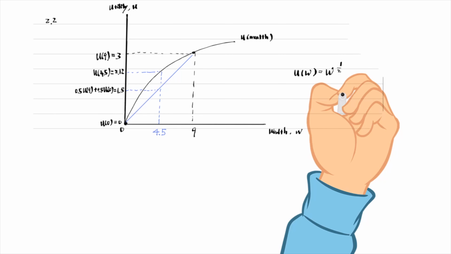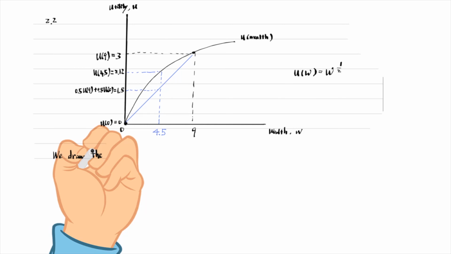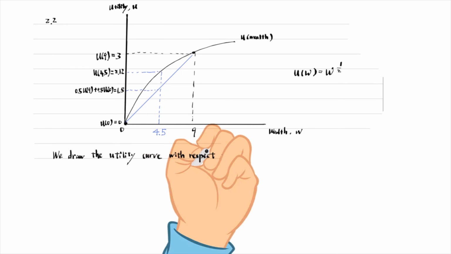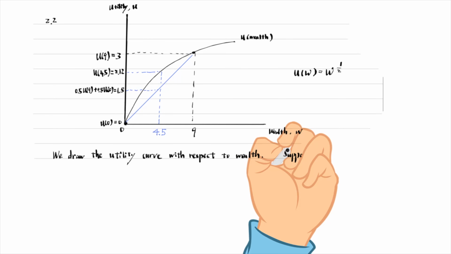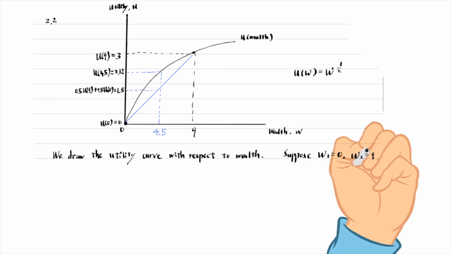We draw the utility curve with respect to wealth. It is concave to the wealth axis. We can show that the expected utility of wealth is smaller than the utility of expected wealth. Suppose the two possible wealths are 0 and 9.